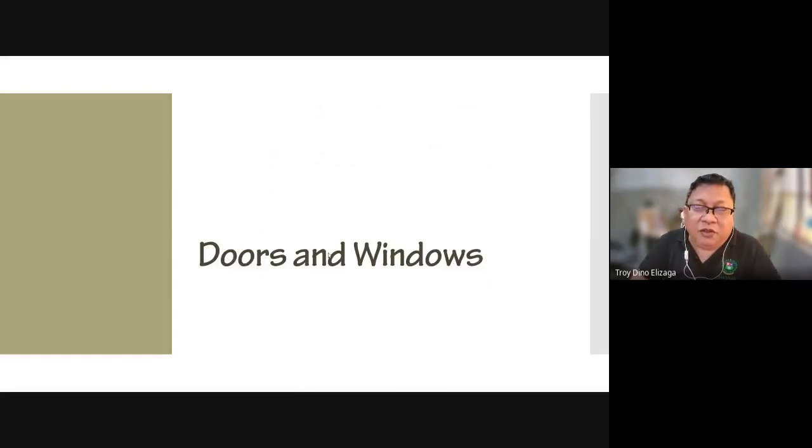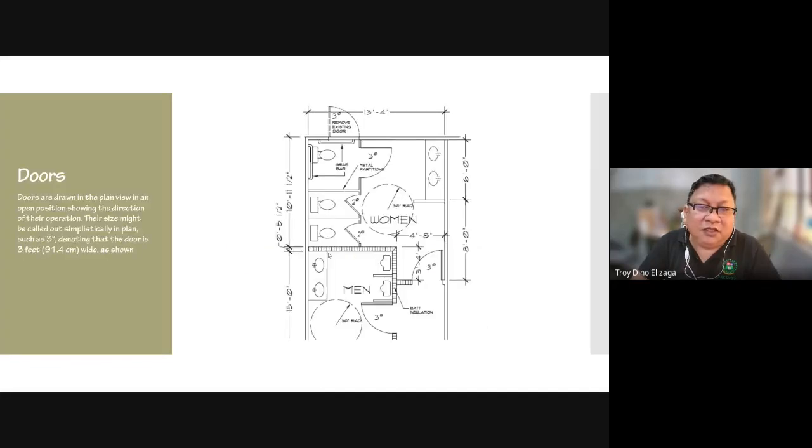Now, doors and windows are very tricky when we draw floor plans. Doors are drawn in the plan view in an open position. When I had training in documentation of heritage structures, my professor was Japanese, and he told me that you have to draw the door in closed position.